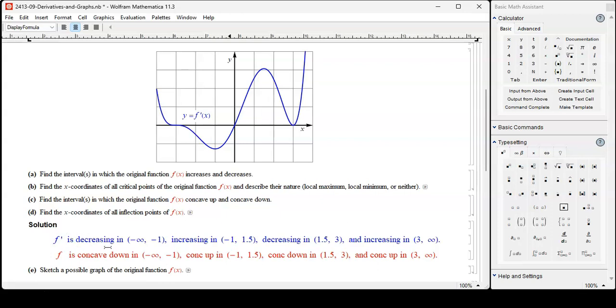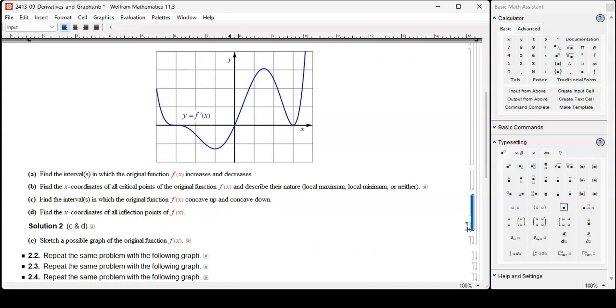Derivative comes down, and the original is concave down. Derivative goes up, original is concave up. Derivative goes down, original is concave down. Derivative goes up finally, original is concave up. Up is up, down is down. It's easy to remember. But of course, this is okay, but they're not really the perfect solution.